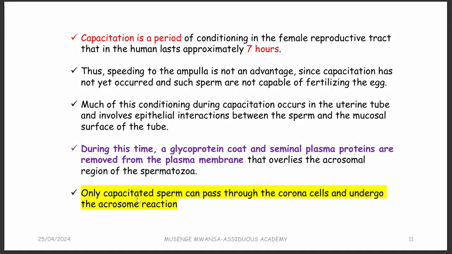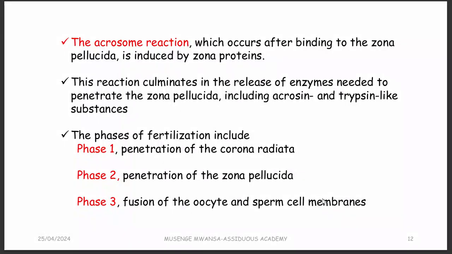Only capacitated sperm can pass through the corona radiata. And then when you pass through the corona radiata, the acrosomal reaction is going to happen. The acrosomal reaction involves the binding of the sperm to the zona pellucida, and this is induced by what we call zona proteins, like zona protein 1, zona protein 2, zona protein 3.